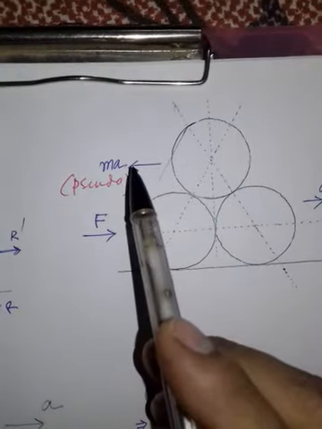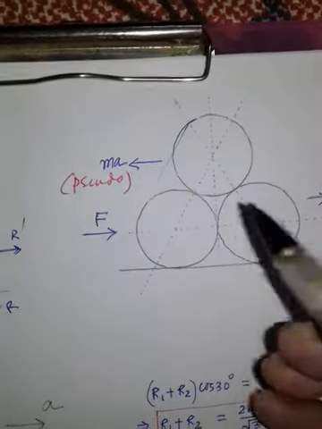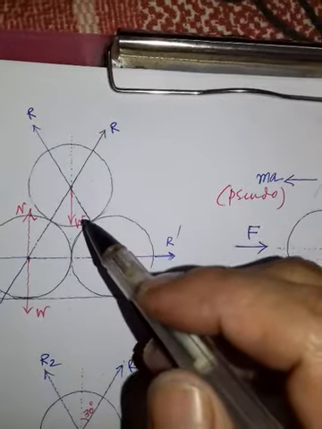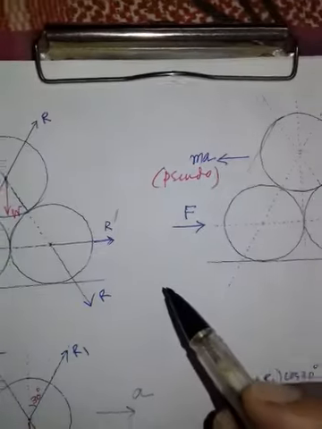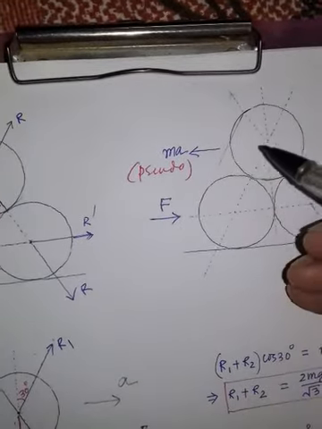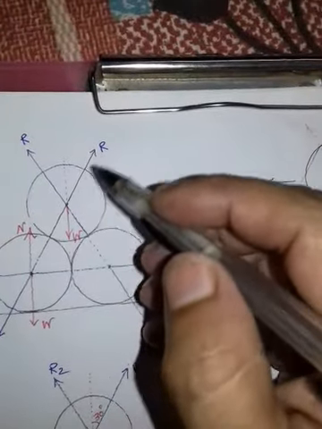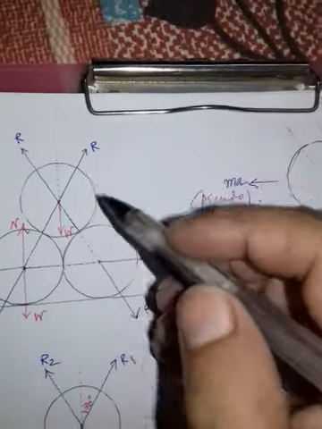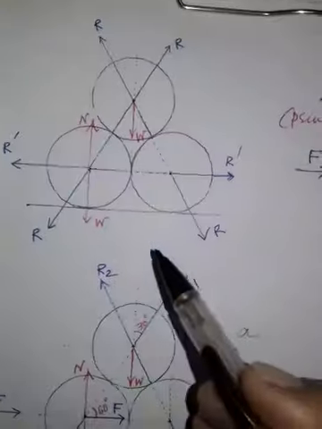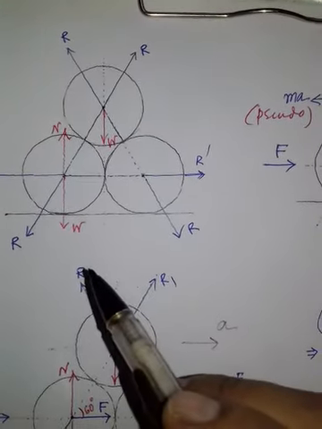This pseudo force has a component along this upward direction, which will make this reaction force lesser than R, and the component of this pseudo force along this direction will make this reaction force greater than R. So as a result, these two reaction forces will not be of the same magnitude. Obviously R1 would be greater than R2.